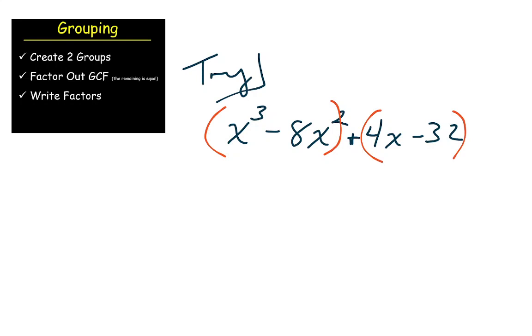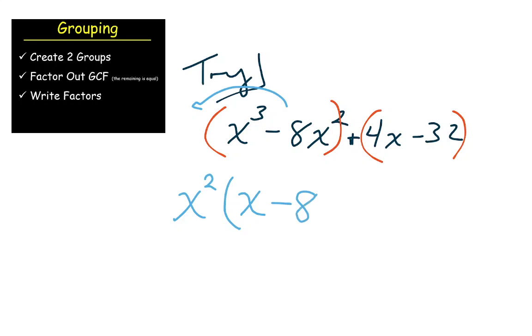Sometimes kids ask, do I always group the first 2 and the last 2? Well, for the problems that we do, yes. Could we have grouped differently? Perhaps. We could have rearranged the problem, especially if after we take out a GCF, we discover that we don't get the same thing.